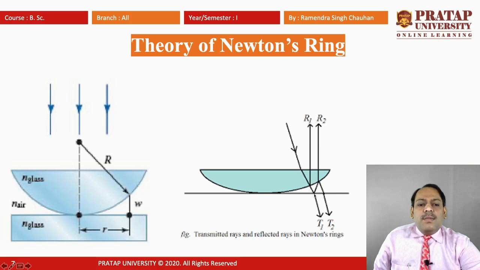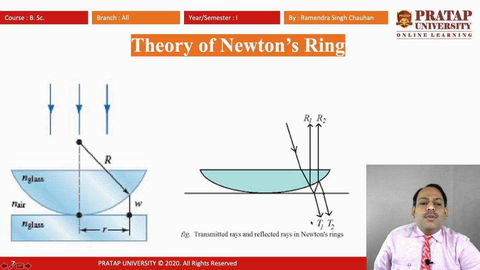Now here we can see from the point where the light ray strikes the glass plate P, a transmitted part will move towards T1, and similarly from the lens this second point light will be reflected and come to the plate P again, and from here it will be transmitted.